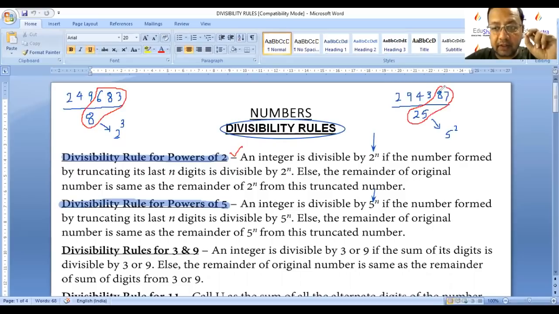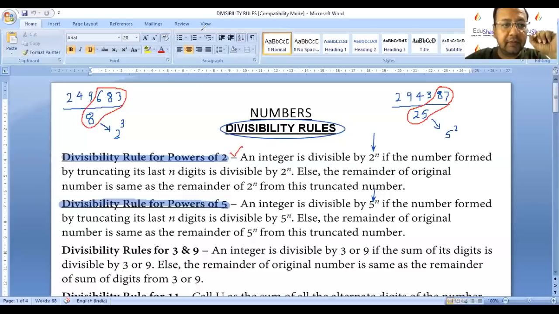If it is divisible by 25, then this number will be perfectly divisible by 25. Right now 87 is not divisible by 25, so this number will also not be divisible by 25. So these are the rules for the powers of 2 and powers of 5.